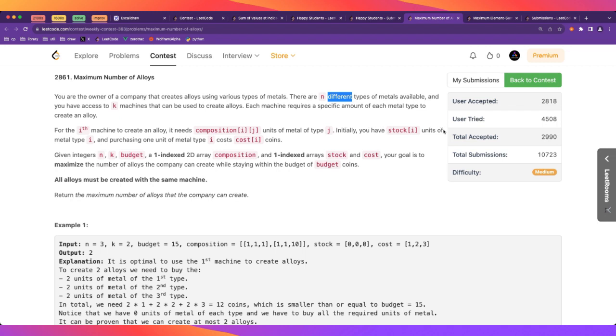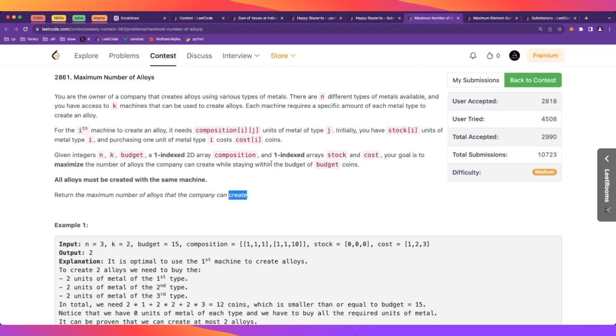You have stock I units of metal type I, and purchasing 1 unit of metal has cost I coins. All alloys must be created with the same machine. Return the maximum number of alloys that the company can create.